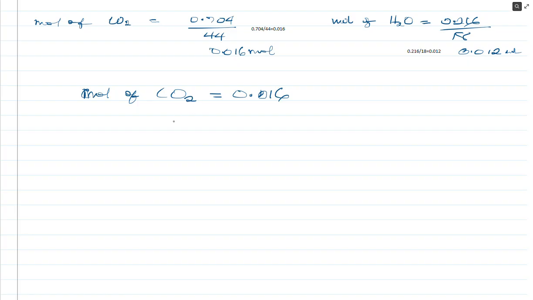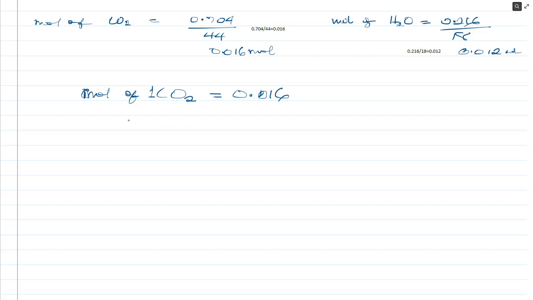When you see CO2, it means 1 CO2 contains 1 carbon and 2 oxygen atoms.